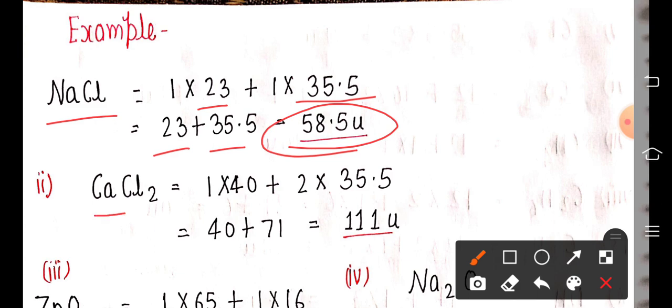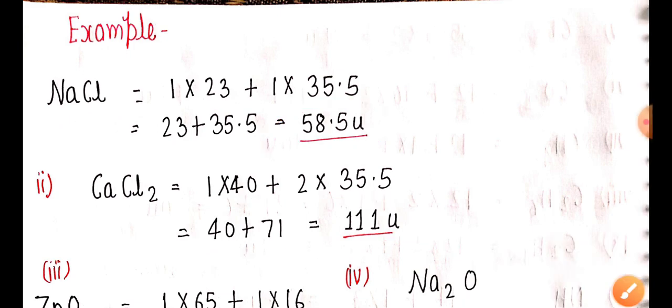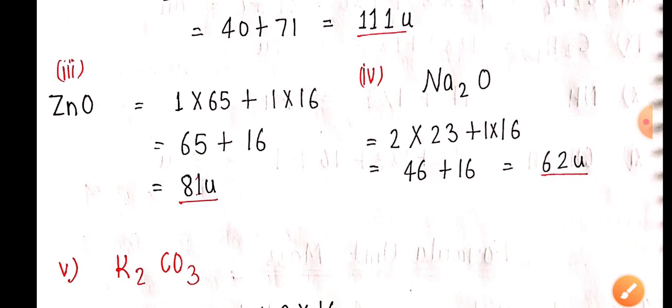Our next example is calcium chloride. Atomic mass of calcium is equal to 40 and chlorine is equal to 35.5. 1 into 40 plus 2 into 35.5, 40 plus 71 is equal to 111 unit. 111 unit is the formula unit mass of calcium chloride.